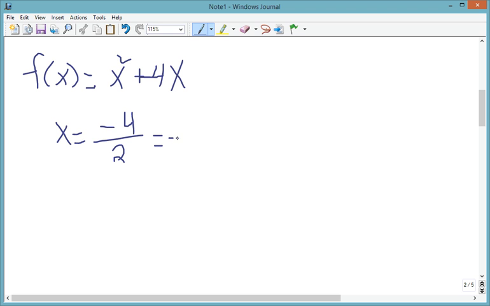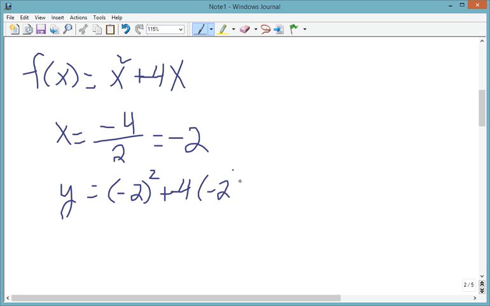We simplify that, and x is negative 2. The y part of the vertex would be to plug in negative 2, and we get 4 plus negative 8 equals negative 8.